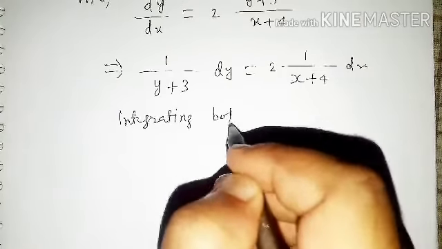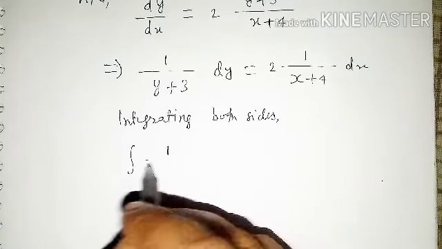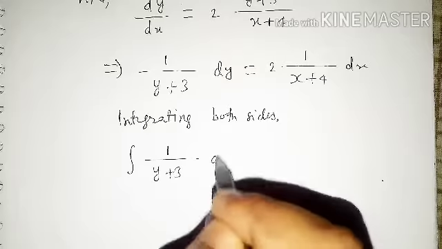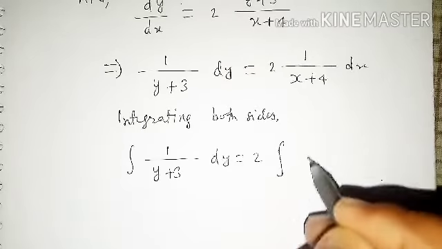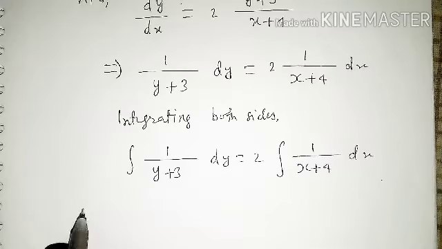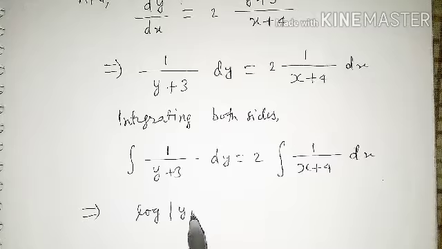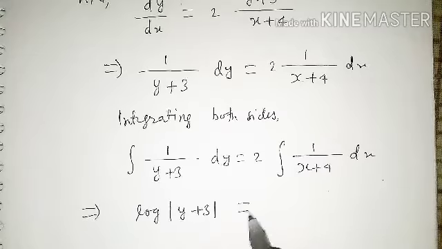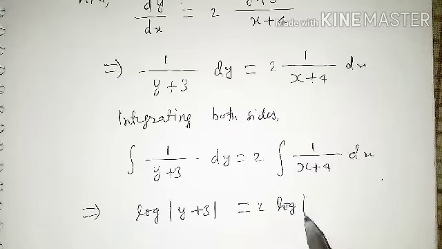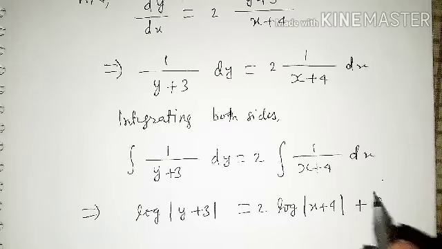Now integrating both sides, integral of 1 by (y plus 3) dy equals 2 times integral of 1 by (x plus 4) dx. This is log mod (y plus 3) equals 2 log mod (x plus 4) plus c.